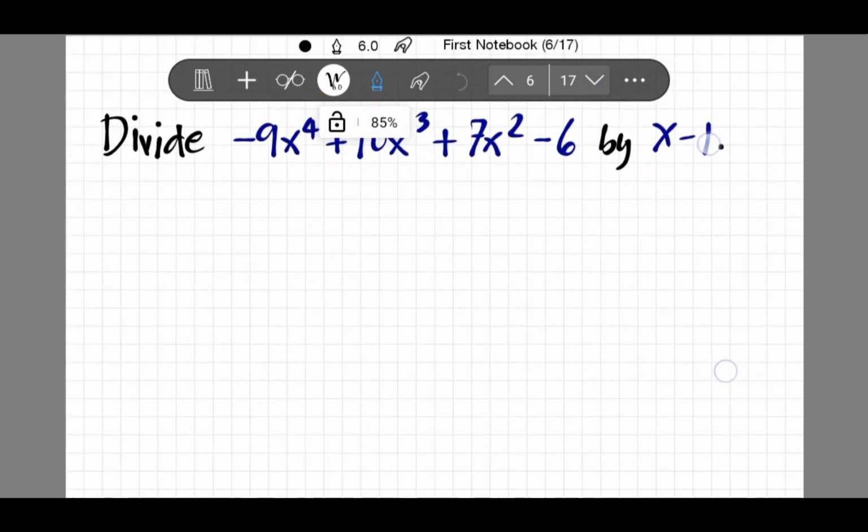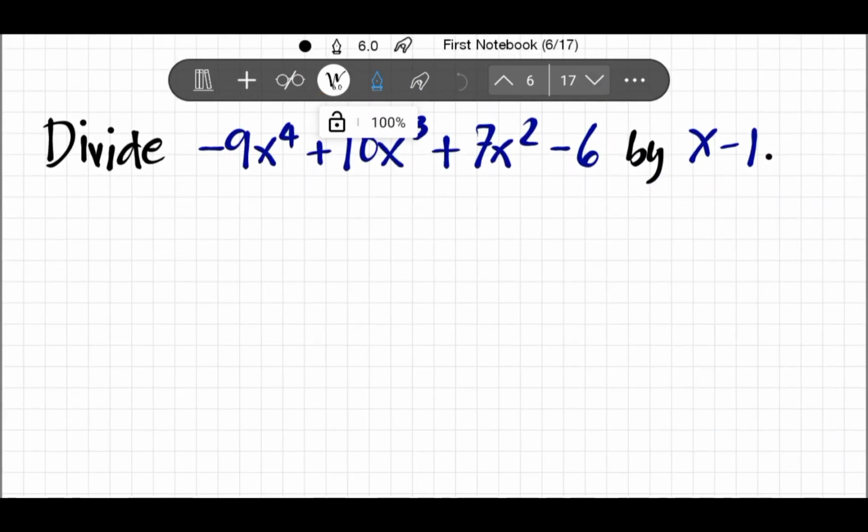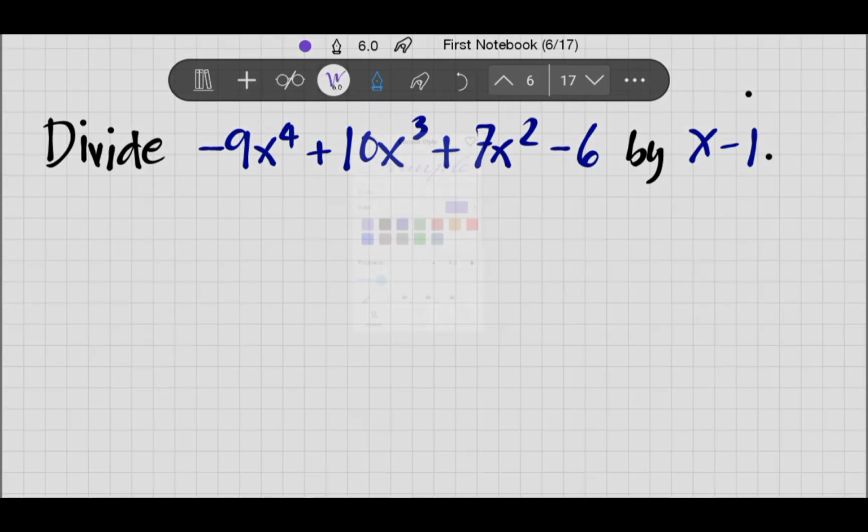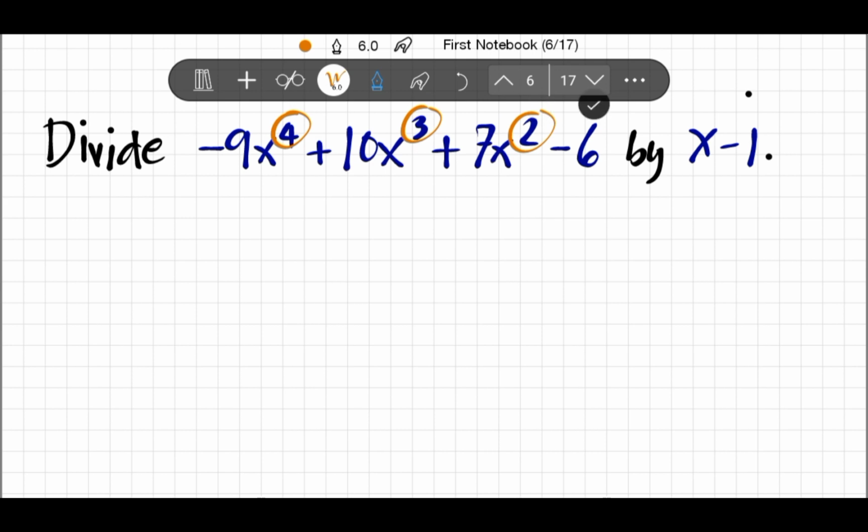Okay, another example. So let's do it fast, since you already mastered how to divide polynomials using synthetic division. First, identify if the given dividend is in standard form. Take a look at the exponents. So you have here 4, 3, 2, and oops, again, there is no x with the power of 1 here.